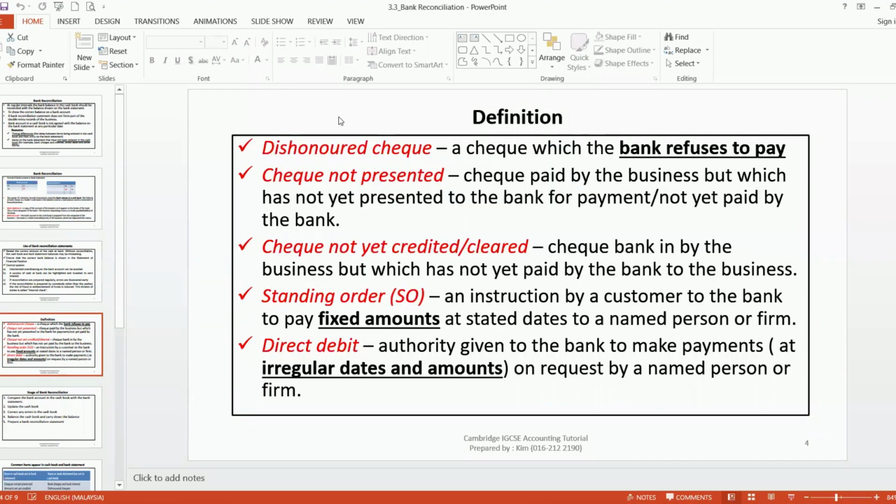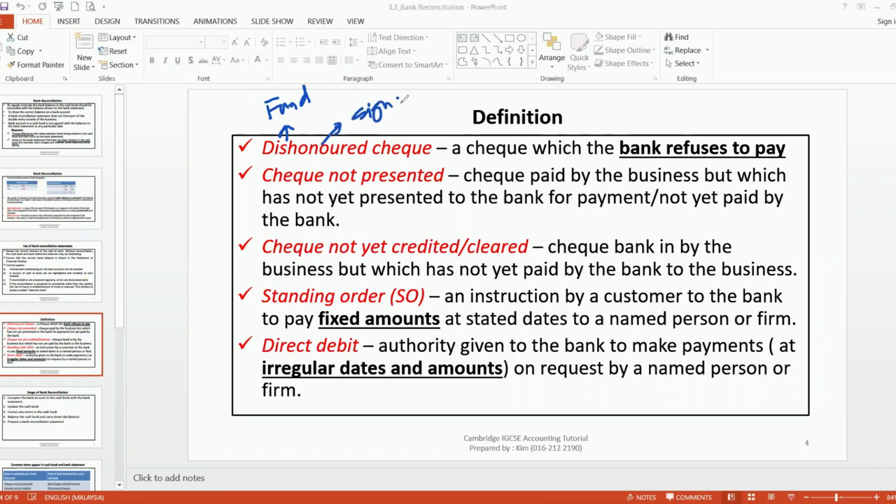Okay, some definitions to understand about this topic. One of them is a dishonest check, which is a check refused payment by the bank. There are many reasons that cause a dishonest check. One reason could be insufficient funds in the bank, so the bank cannot allow you to take the money out. Or it could be that you forgot to sign.